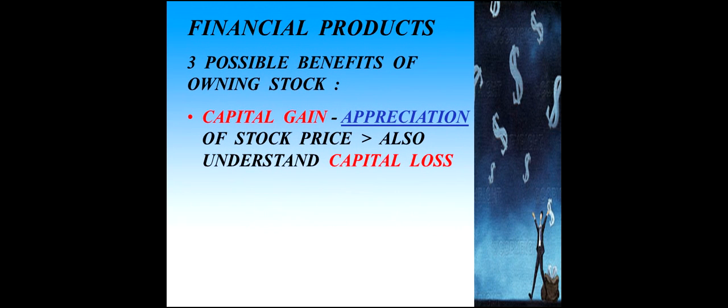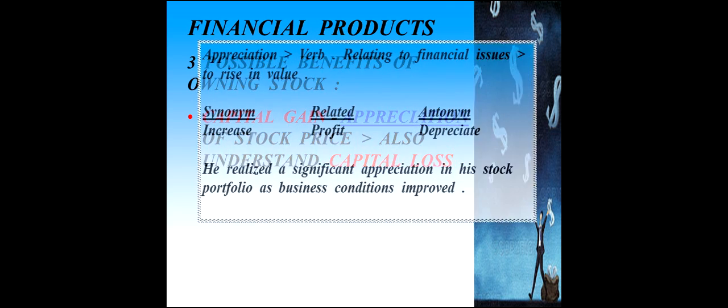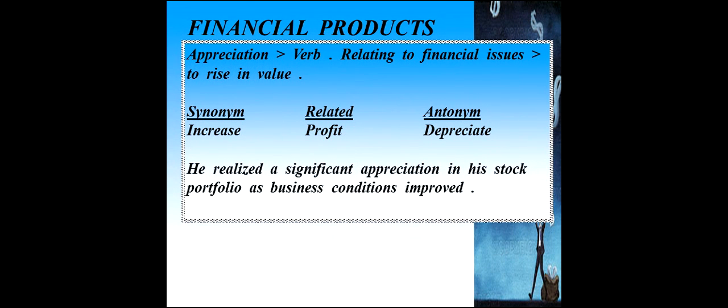A second possible benefit of owning stock is that stock has the ability to potentially provide you with a capital gain. A capital gain is an appreciation of the stock price. If you're not familiar with the word appreciation, as it's used here, let me give you some background relating to financial issues: to rise in value, increase.